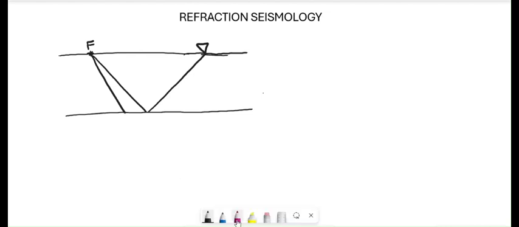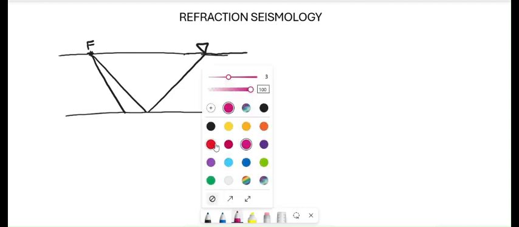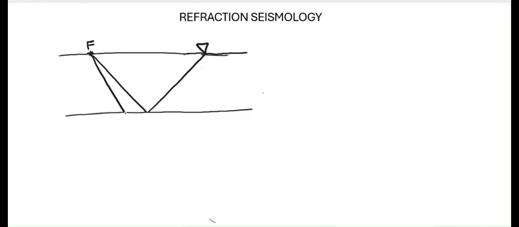Then remember, when the incident ray is critical, there's going to be the refracted ray along the boundary. So this is the refracted ray along the boundary. Then it will get refracted back. You get it.